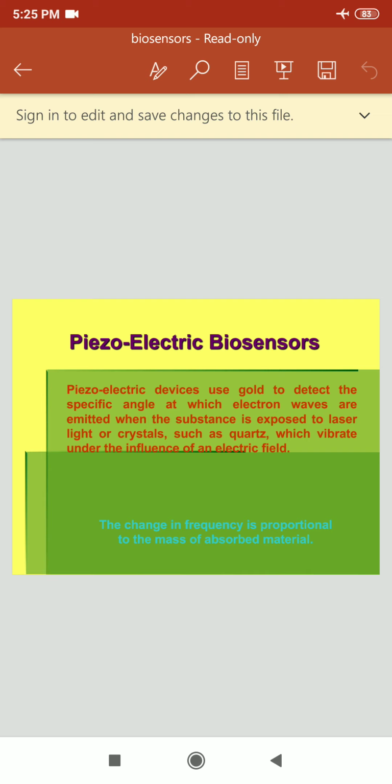A piezo biosensor is a device that uses gold to detect the specific angle at which electron waves are emitted when the substance is exposed to laser light, such as a quartz which vibrates under the effect of an electrical field. So in this, gold is used to detect, and the vibration via the electrical field is used to detect.